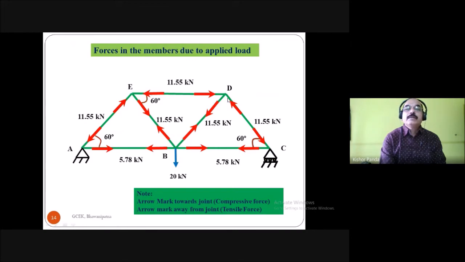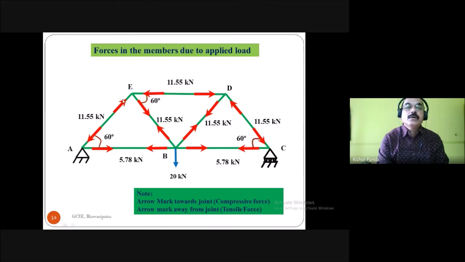For ED you got the compressive force, this is 11.55 kilonewton, and for EB got the tensile force, this is 11.55 kilonewton. You got the forces in these four members.